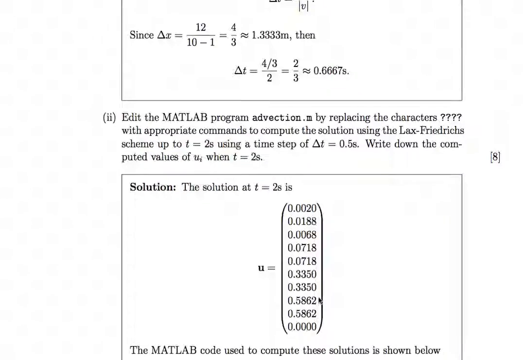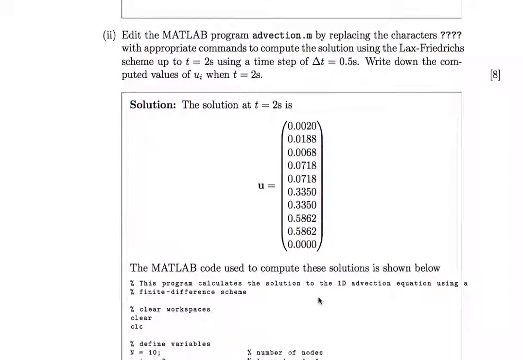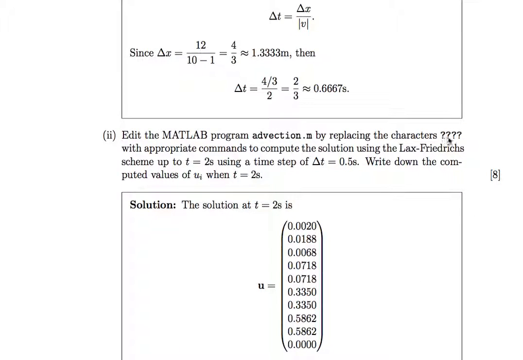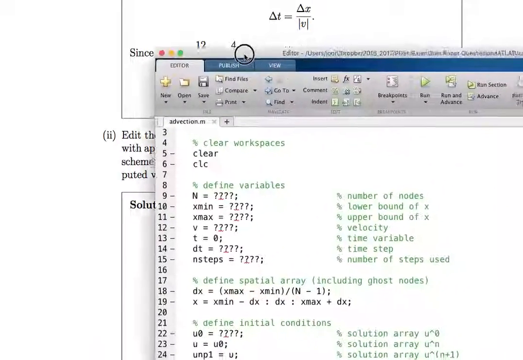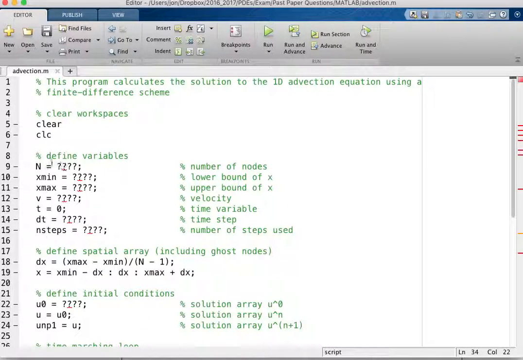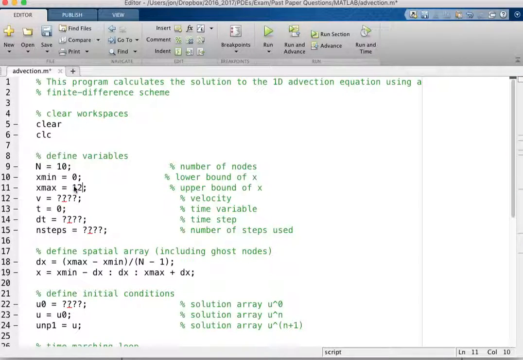The next part of that question involves editing the program advection.m by replacing all the question marks with appropriate commands. So I'm just going to bring in our advection.m. You can see we've got some question marks. The number of nodes we can change to be 10. Our domain goes from 0 to 12, so it's a 12 meter stretch. Our velocity was 2.